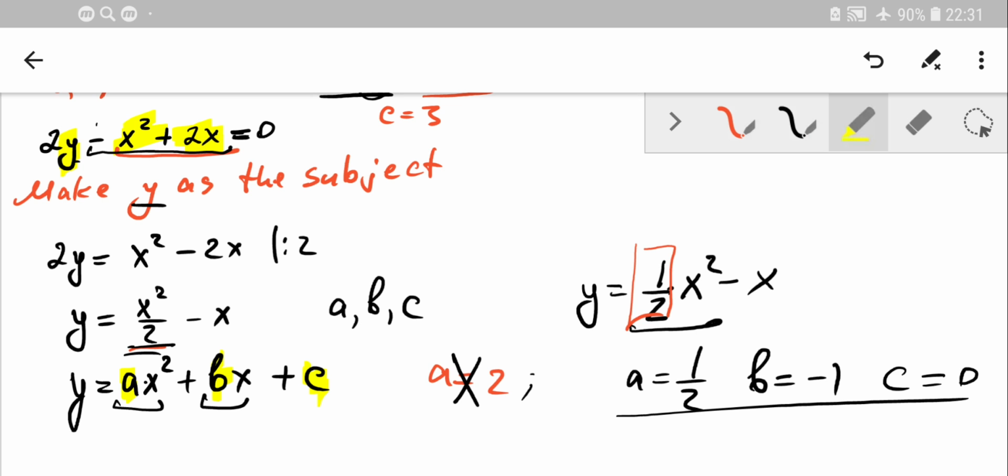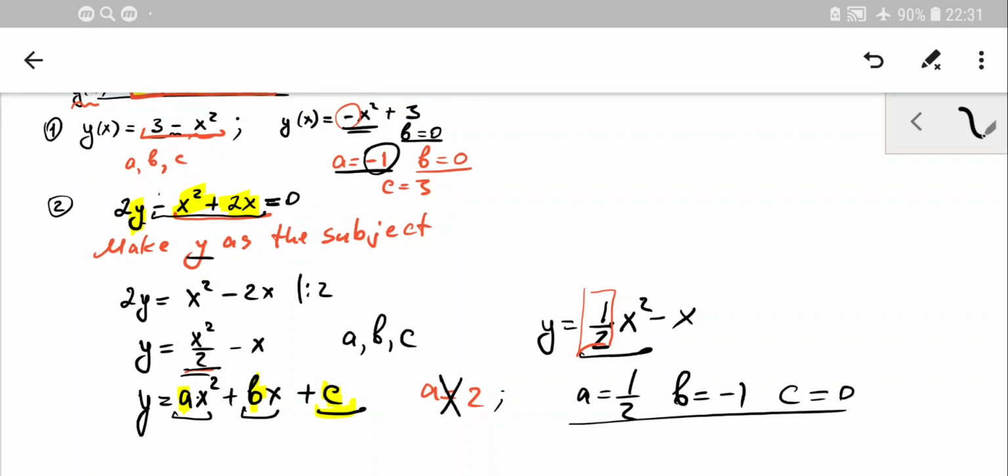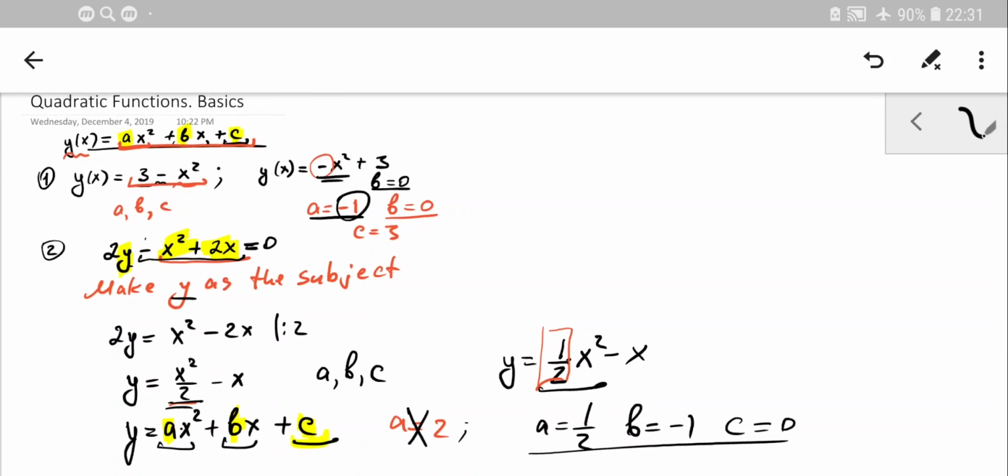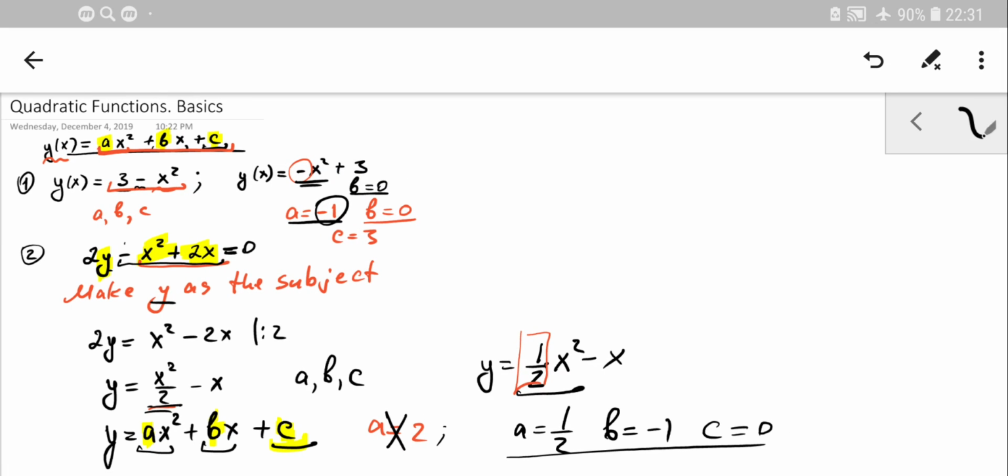Find the same structure according to your general form, and you'll be able to find all the coefficients and make a statement about what sort of function you have. In both cases, we have quadratic functions, and that's the necessary practice you need to do on your own with me. So hope you like that.